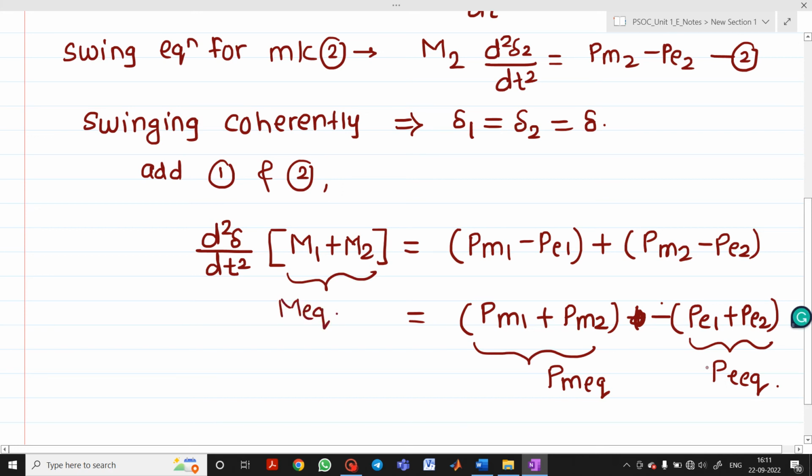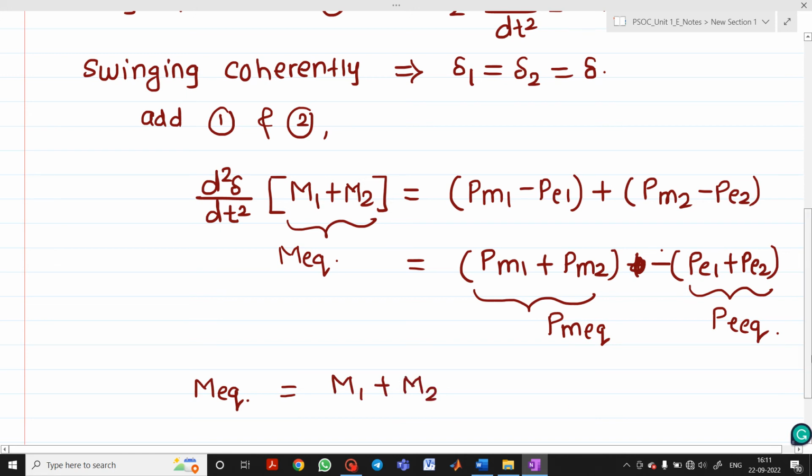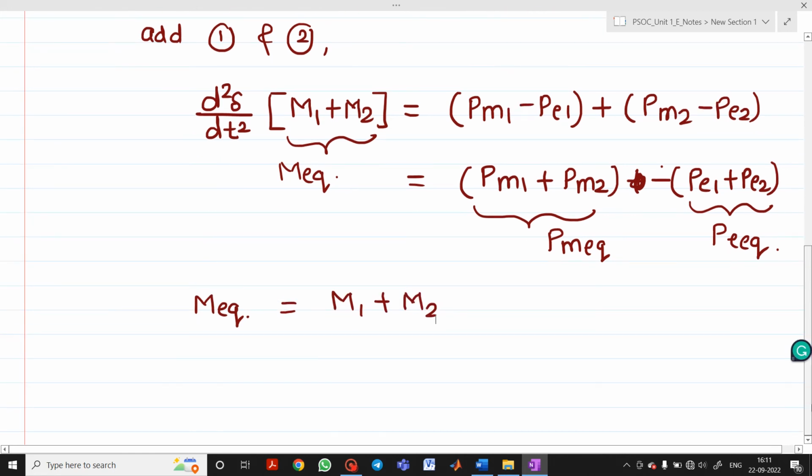Now how can I write this expression? I can modify it like this. M equivalent equals M1 plus M2. Now you know the formula of M: M equals GH upon pi F. We have already gone through this in a previous video.